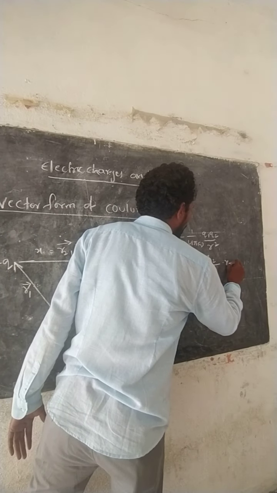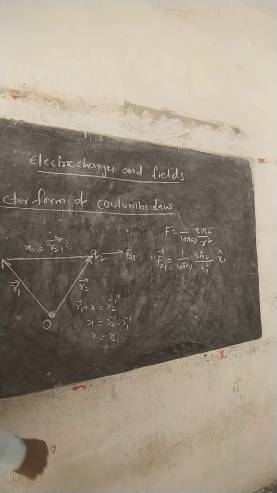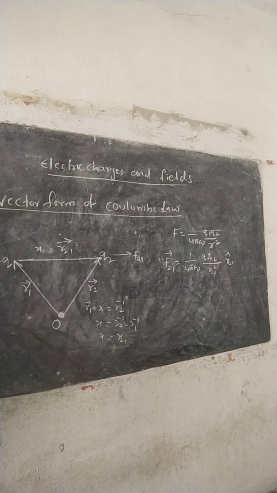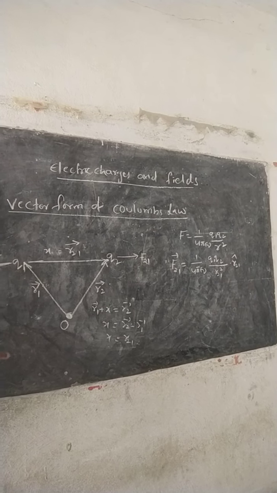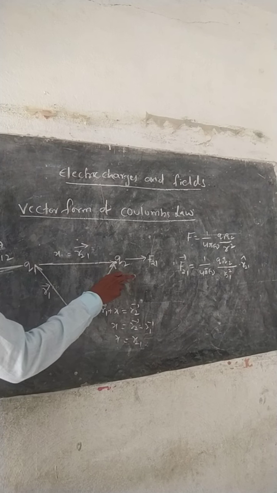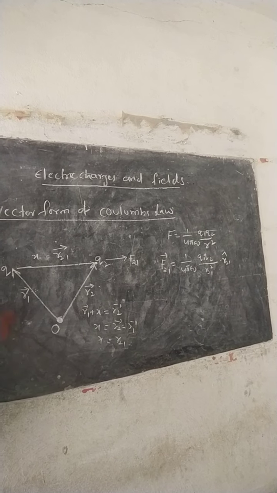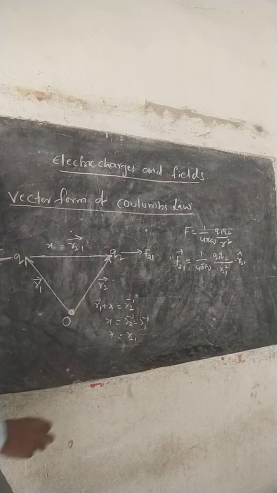So this is directed along R21 cap. R21 cap is a unit vector which specifies the direction, from Q1 to Q2.